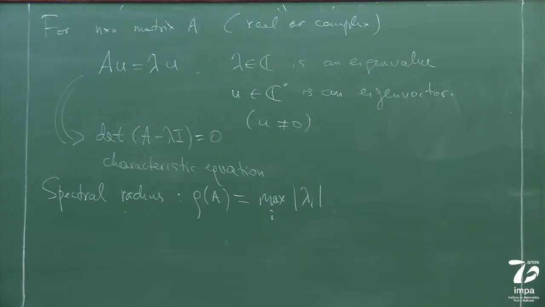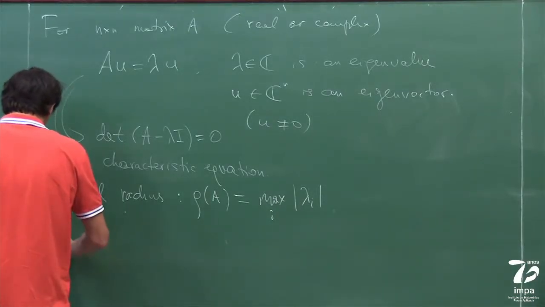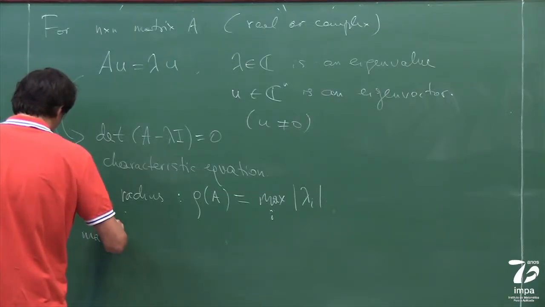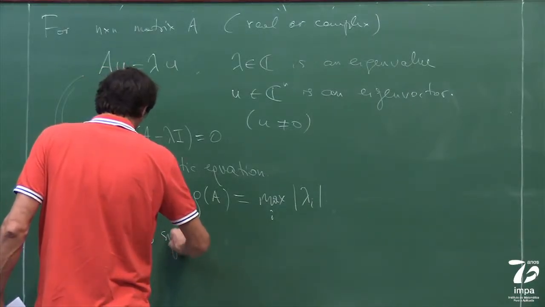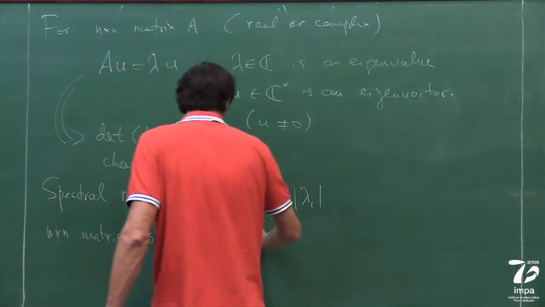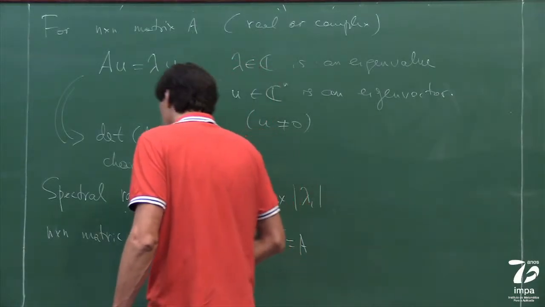Okay, the next: an n by n matrix, so a square matrix, is symmetric if it doesn't change under transposition.